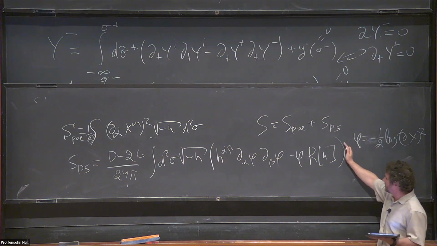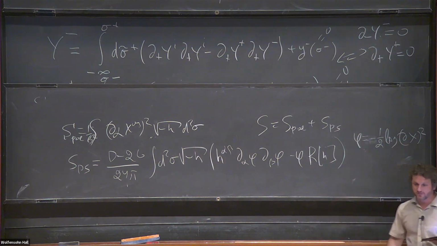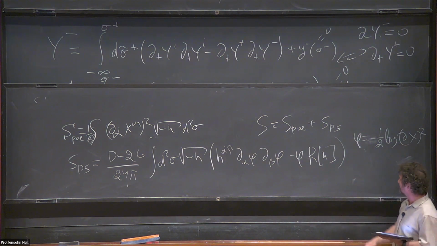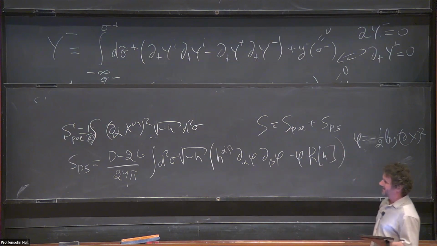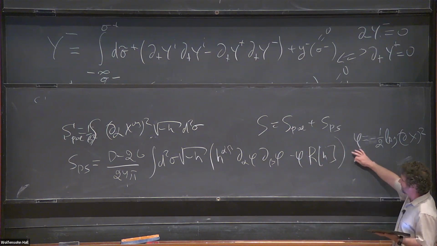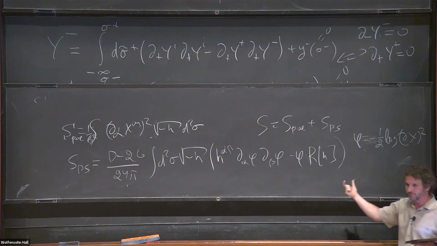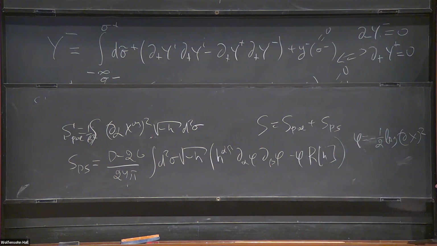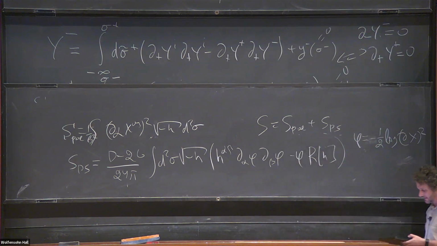This action is chosen in such a way that phi transforms under Weyl transformations by a shift, just like an elementary, fundamental dilaton. This action spits out a piece which cancels the anomaly coming from the integration measure. So this full action, which is the sum of these two terms, is Weyl invariant now.